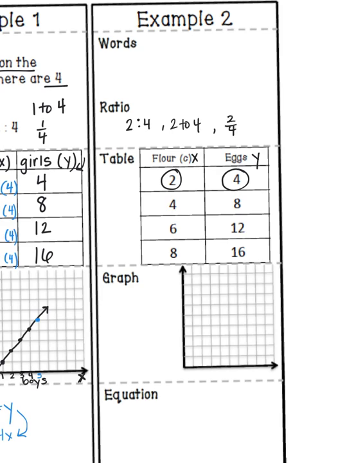Okay. And then I can go ahead and put it in words. I'm just going to make sure that I use the proper words. Like, for instance, the 2 has to be flour, and the 4 has to go with eggs.